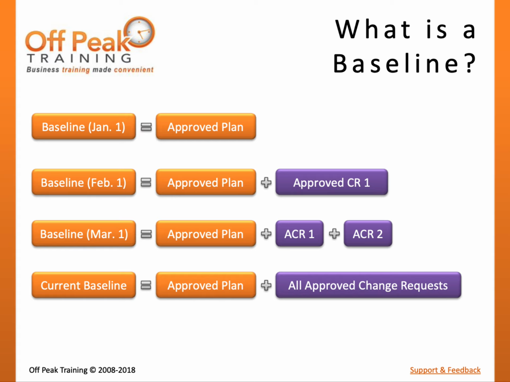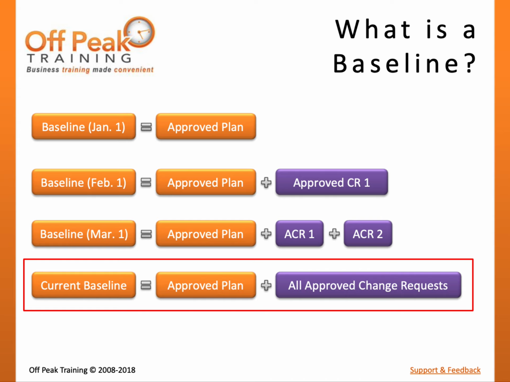While older versions of baselines should be kept for historical purposes, the use of the word baseline by itself should always be in reference to the most current version. Meaning, at any given point in time, a baseline is the originally agreed upon plan plus all approved changes to that plan to date. You can refer back to the module on the Perform Integrated Change Control process for a review.